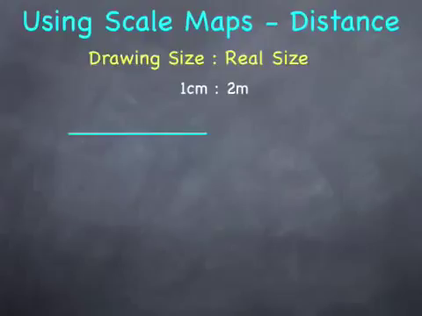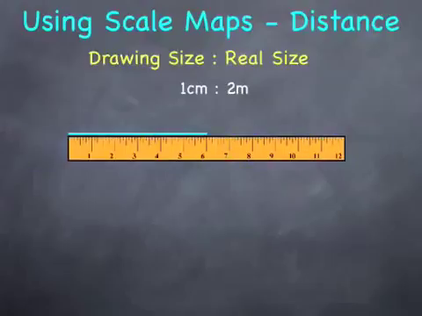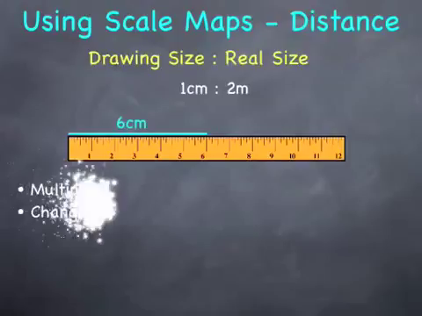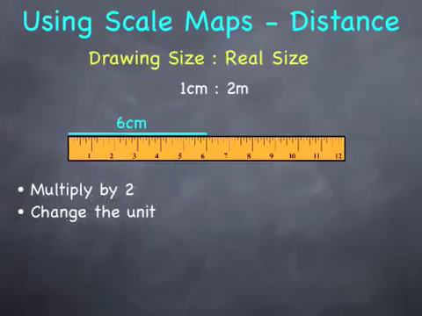Okay, so what you would do is if you've got a straight line between two towns, you need to measure that line. So as an example, this one is 6 centimetres on a map. So let's assume this is on a map and it's 6 centimetres. Now to convert it from the drawing size to the real size, we need to look at the scale.